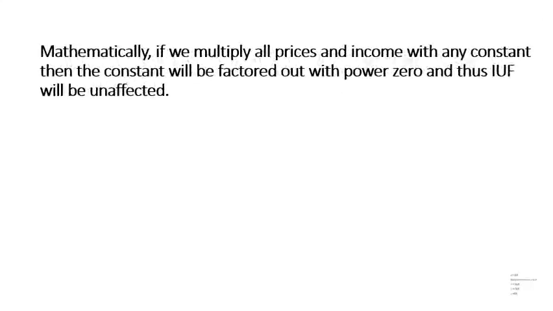Mathematically, if we multiply all prices and income with any constant, then the same constant can be factored out with power 0. For example, our indirect utility function is a function of prices and income. If we multiply all the prices and the income with any constant, say, in this slide, alpha, where alpha is a constant greater than 0, it can be a fraction or a whole number.